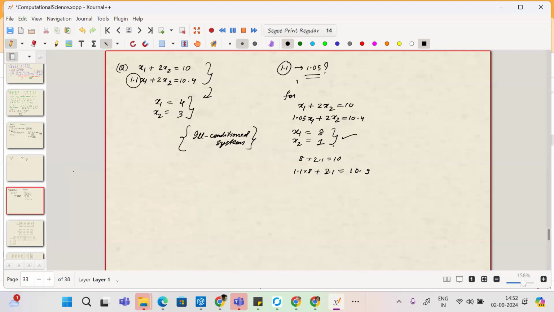Some difference is there, but it is almost equal. These are the best examples of an ill-conditioned system, where a tiny change in your coefficient matrix leads to a way different solution.